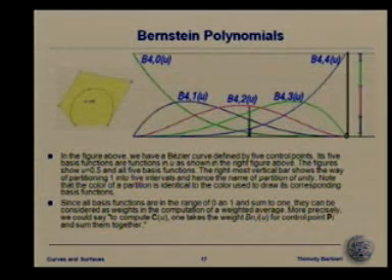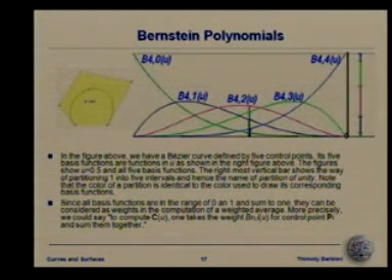As soon as u is not equal to 0, I have increasing contribution from the others. But there is always a kind of contribution. Of course, I have a bigger contribution from P0, P1, than from P3, P4.